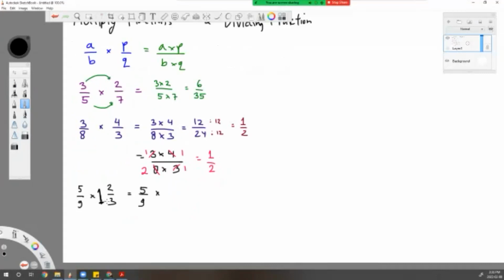For the mixed fraction, you multiply 3 times 1, which is 3, plus 2 is 5, also over 3. And as usual, use the regular multiplication of fractions. 5 times 5 over 9 times 3. Can we do the simplification? No. So 5 times 5 is 25 over 9 times 3, 27. Done. So all of what I highlighted right now is the answer.